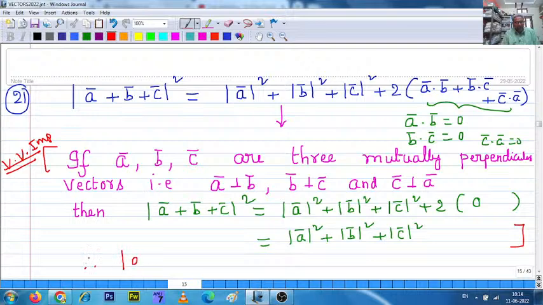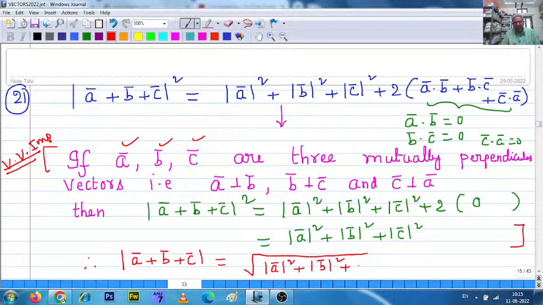So mod of A plus B plus C, providing A bar, B bar, C bar are three mutually perpendicular vectors, is equal to square root of mod A square plus mod B square plus mod C square. Clear? I hope it's very clear to you. Right.